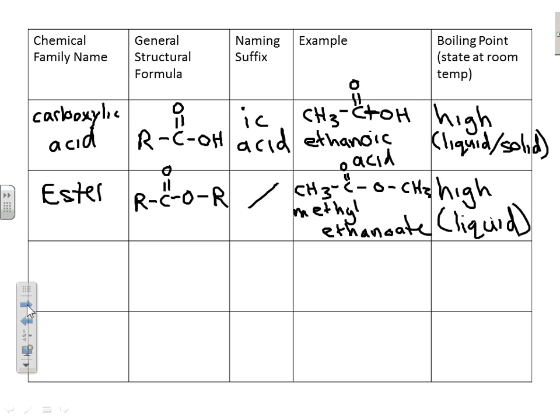So if I were to write down here C double bond C with the chance of having some R groups on the end. Does anybody remember what we call it when we have a double bond? What do we call that group? A little bit of review from last week. Alkenes.